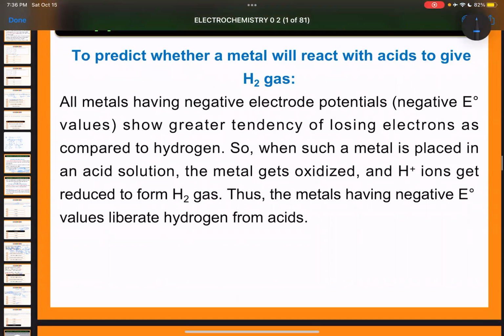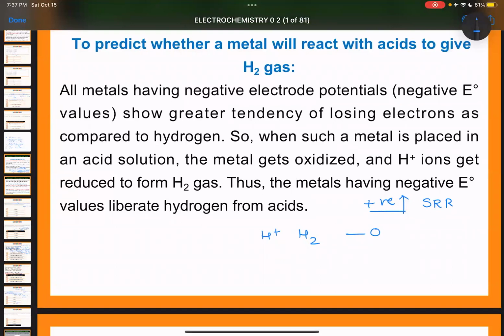You have the standard hydrogen electrode, which is an electrode and also a reaction. This reaction is at 0 volt. There are some reactions which have positive SRP values, and the positive ones are the ones that want to accept electrons more desperately, in larger amount. They have a larger tendency. That's why they have a high positive value.